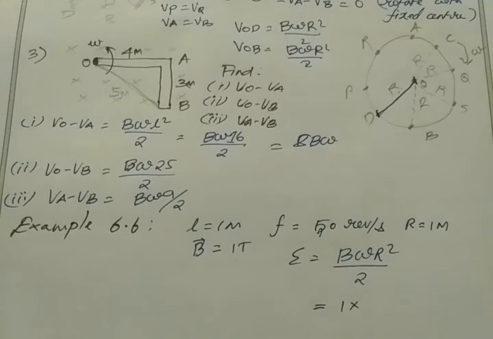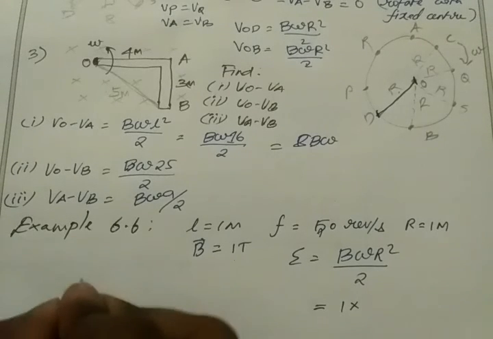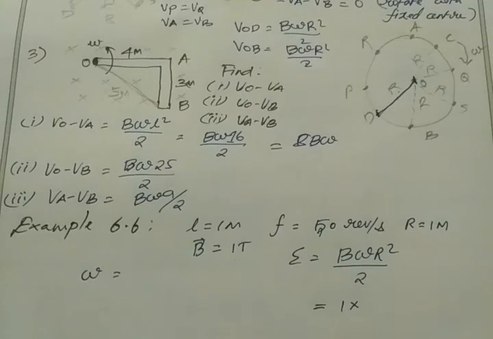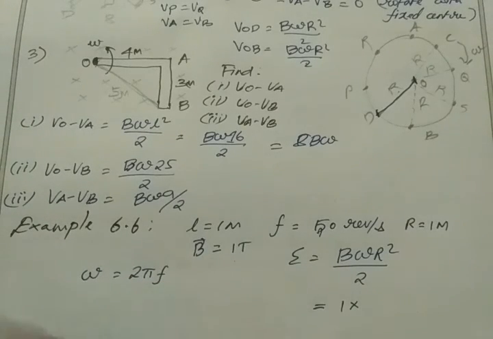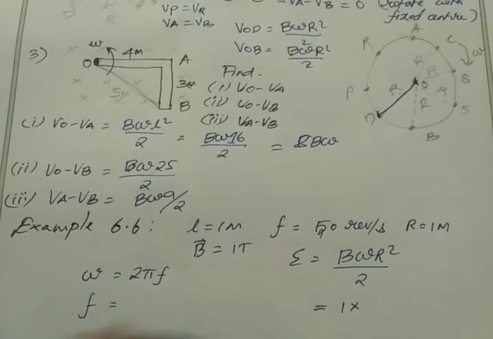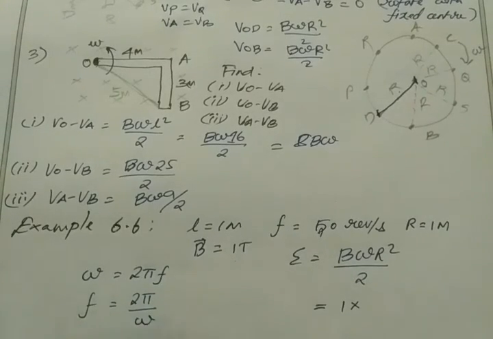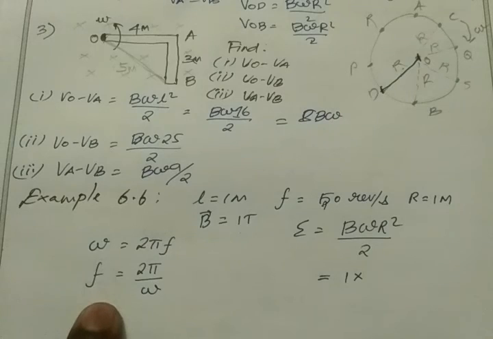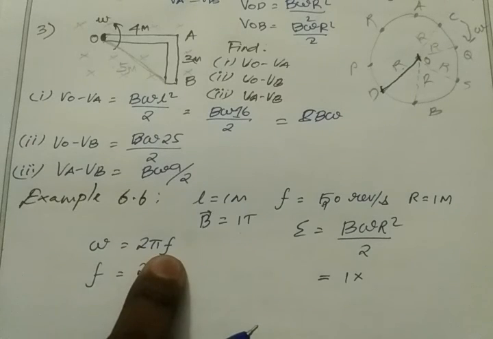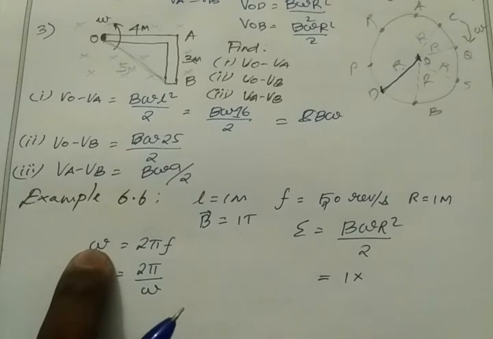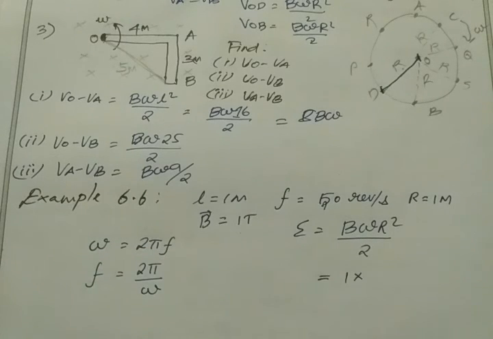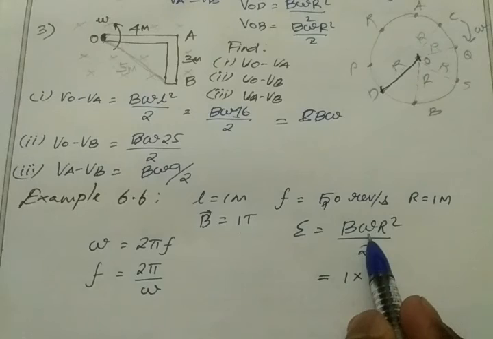In that series, we used one formula: angular velocity omega equals 2 pi f. This is the relation between angular velocity and frequency.